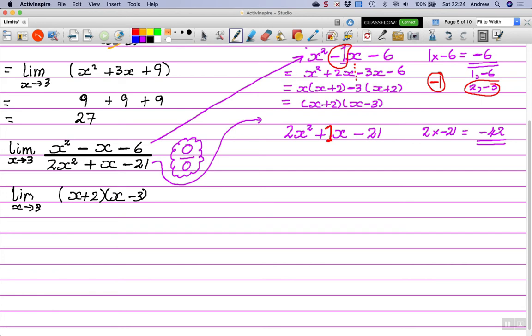And now the factor pairs of minus 42 are going to be 1 and minus 42. It's going to be 2 and minus 21. It's going to be 3. And how many 3's go into 42? It's going to be minus 14.